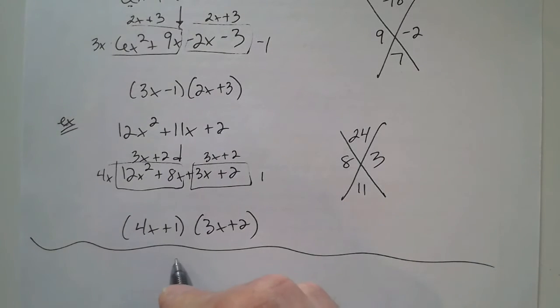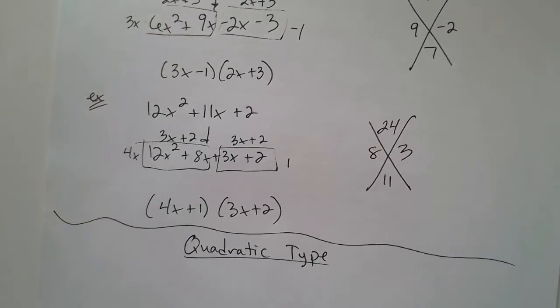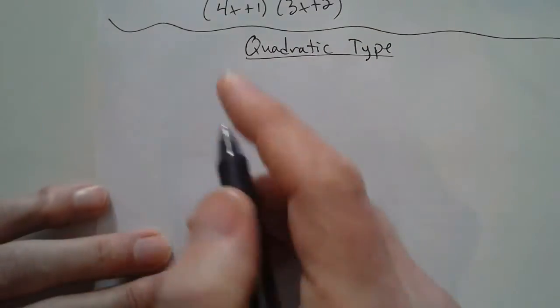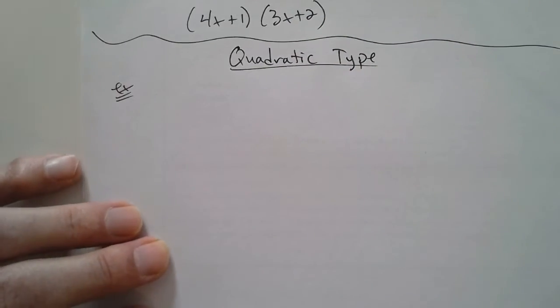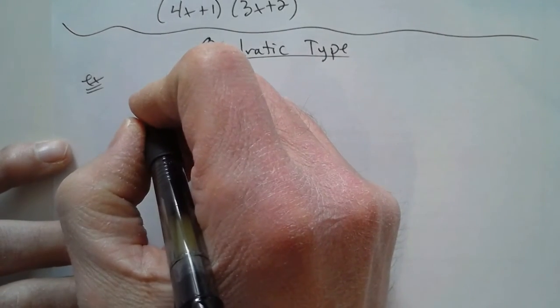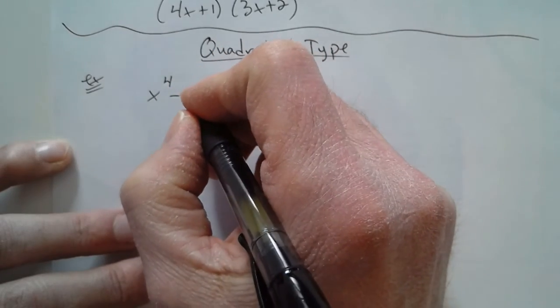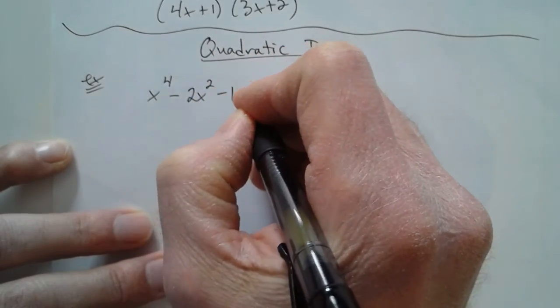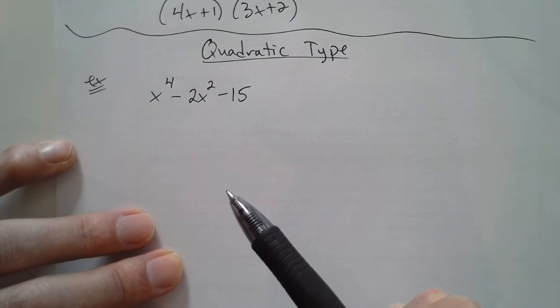Okay, 2 more that I'm going to talk about. Quadratic type. You won't see a lot of these right away in Chapter 7 either. Quadratic type is where it resembles a quadratic expression, but it isn't quite a quadratic expression. So if you had x to the 4th minus 2x squared minus 15. That's not a quadratic because it's a 4th degree polynomial.